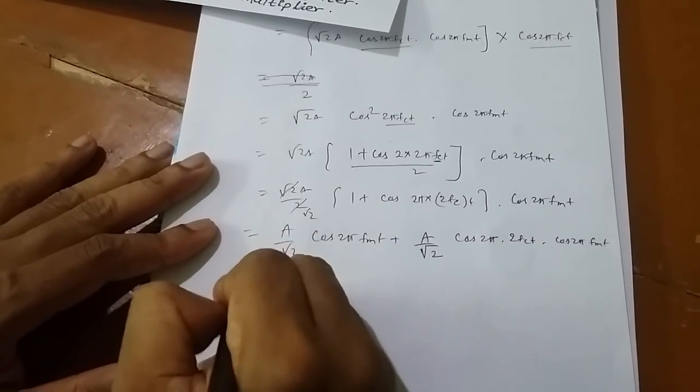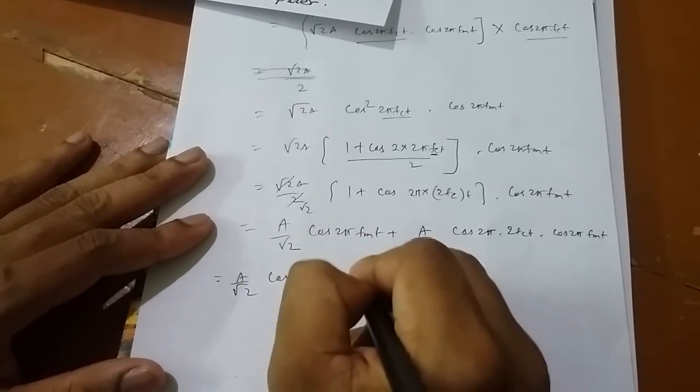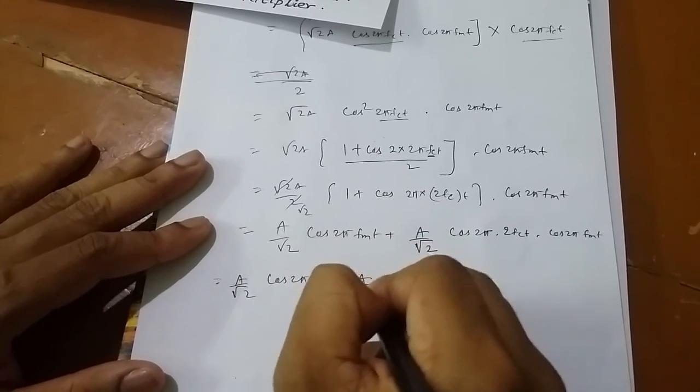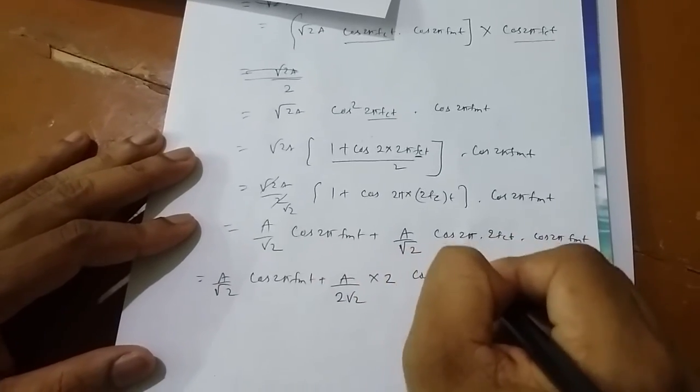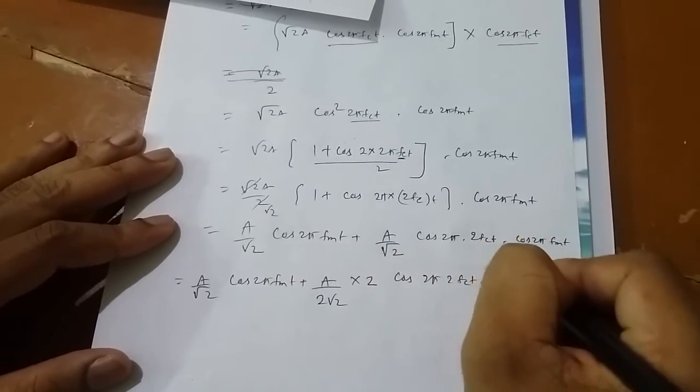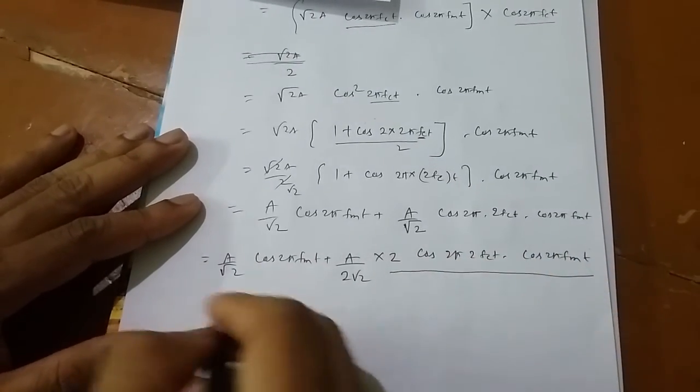Now this becomes a by root 2 cos 2 pi fmt. Now you divide by 2 and multiply by 2: 2 pi 2 fct into cos 2 pi fmt. Now you can apply 2 cos alpha into cos beta.